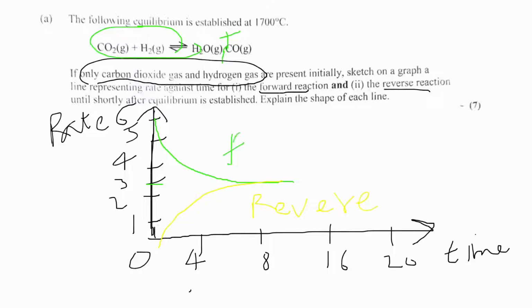Only reactants are present initially. After some time you can see the reactants are getting consumed, and it has reached the value where the rates of both have merged to form a line parallel to the x-axis. When both lines become parallel in any graph, that means the values have become constant.